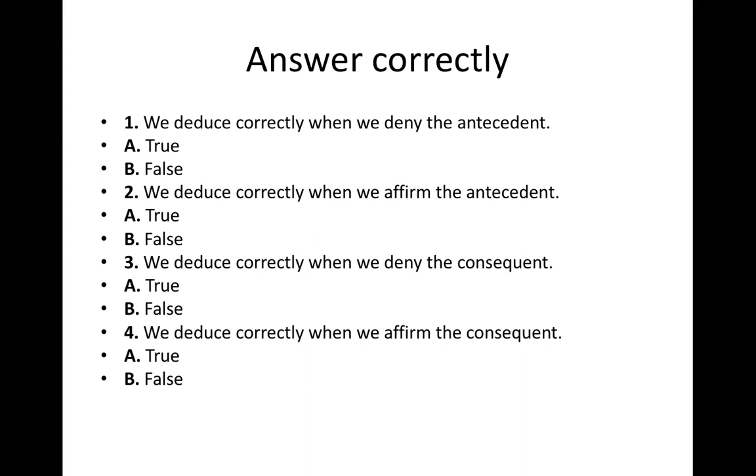Number two, we deduce correctly when we affirm the antecedent, true or false? True. Number three, we deduce correctly when we deny the consequent, true or false? True. Number four, we deduce correctly when we affirm the consequent, true or false? False.